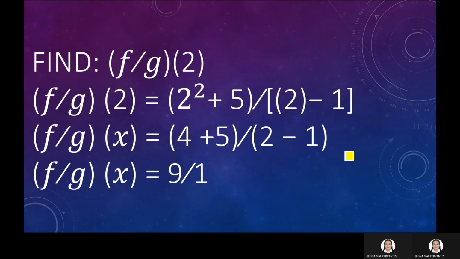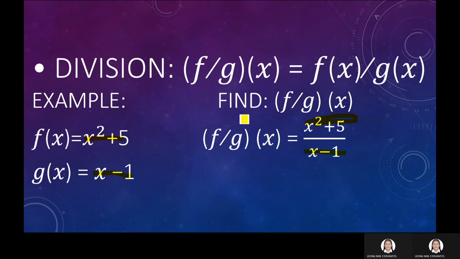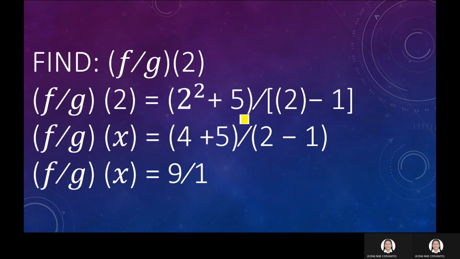So, next, if x is equal to 2, then f divided by g of x is equal to x squared plus 5. Sorry, x squared plus 5. So we have 2 squared plus 5. For g of x, we have x minus 1.